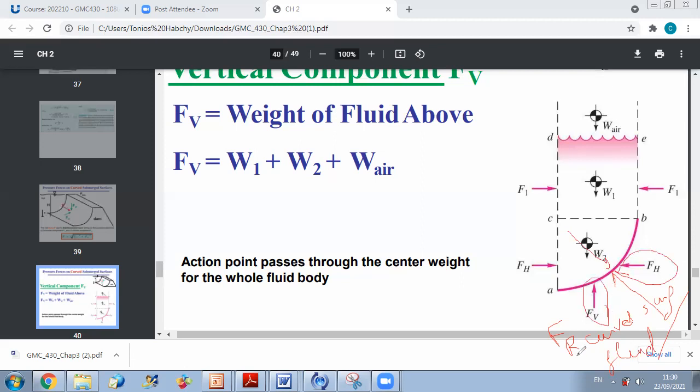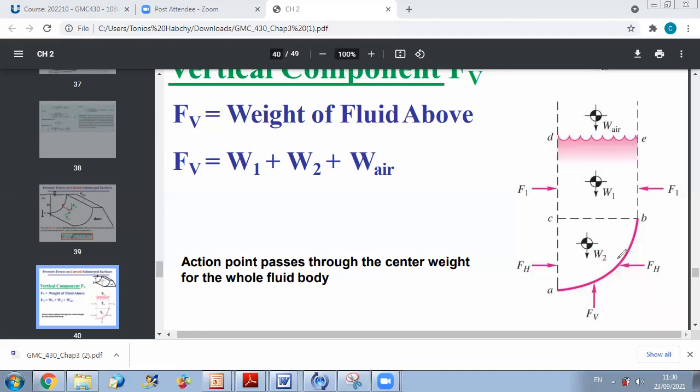So to be able to find F of the curve on the fluid, I should determine the horizontal component and the vertical component of the surface action on the fluid. To be able to find these forces, all we have to do is to apply equilibrium conditions, because we are working in the static case.